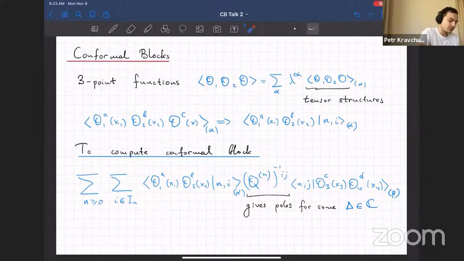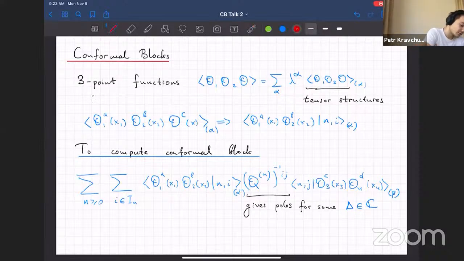And if you take some concrete 3-point tensor structure, we have 3 operators, O1, O2, O, they have some indices A, B, C. And we take some concrete label alpha, so this is some concrete function of x1, x2, and x.